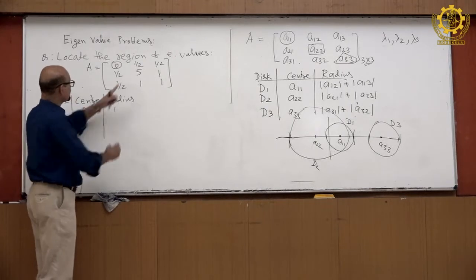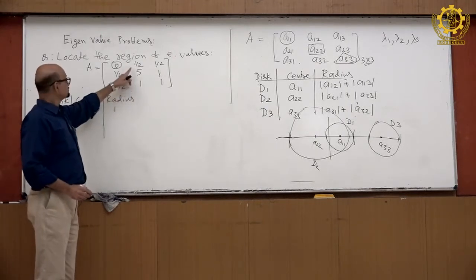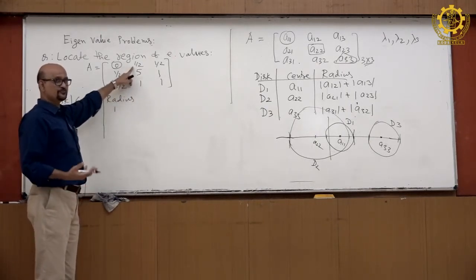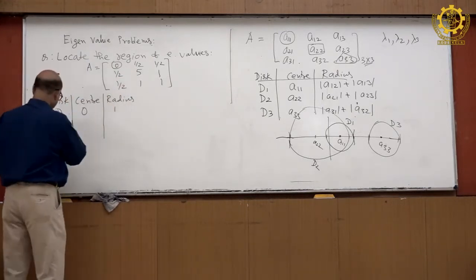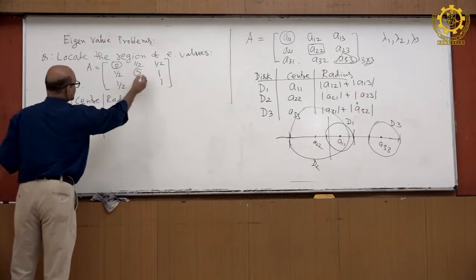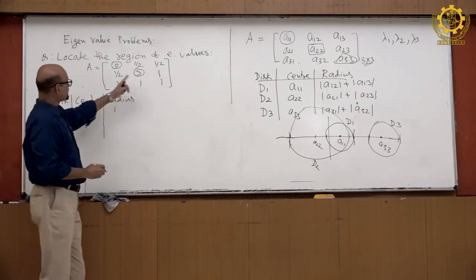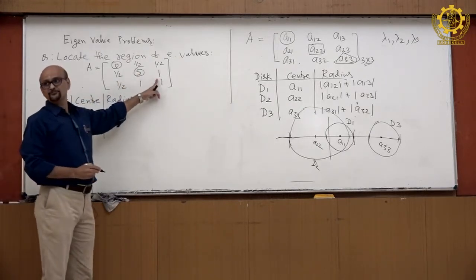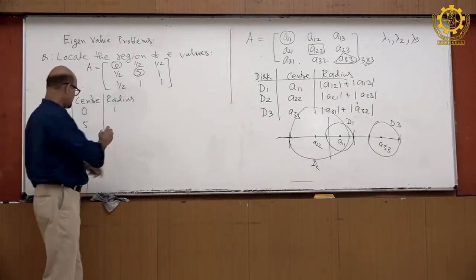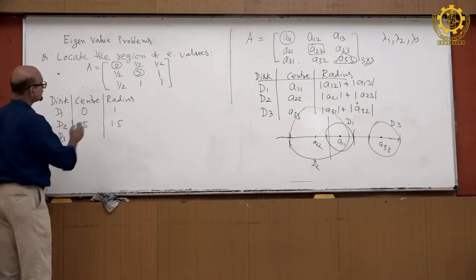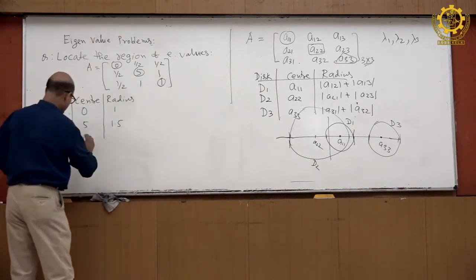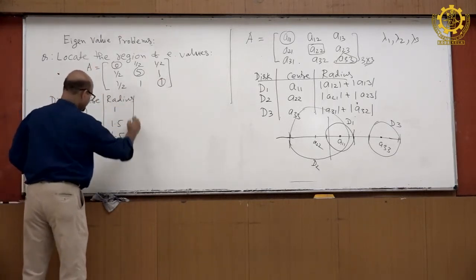Here by chance no negative is there. If it were minus half, it would still be half plus half, as I told, absolute value. So, it is 1. For d2, the center is 5, and the radius is half plus 1, 1.5. For d3, the center is 1 again, and the radius is 1.5.